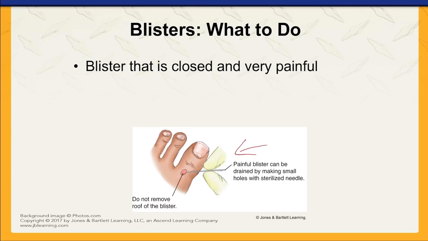So the first thing you do is take some alcohol and a clean or sterile gauze pad and clean that area with some isopropyl alcohol, hopefully at least 70%. The next thing you do, you take a sterile needle and you puncture it. You put, I don't know, 5 or 6 small holes there. That's all you have to do.